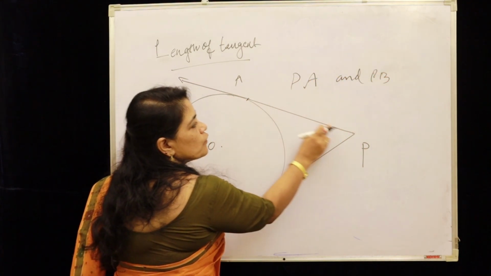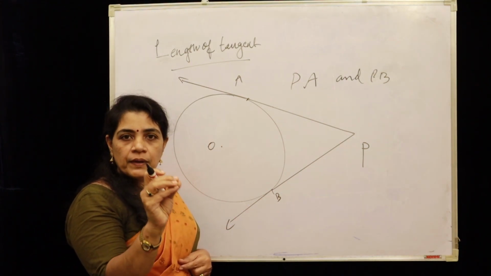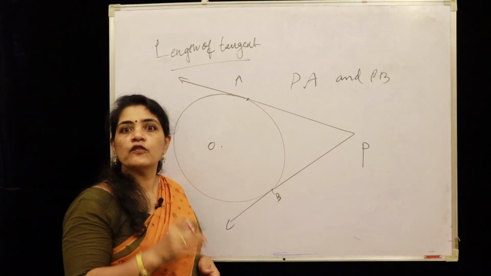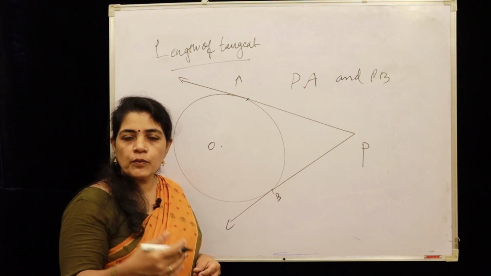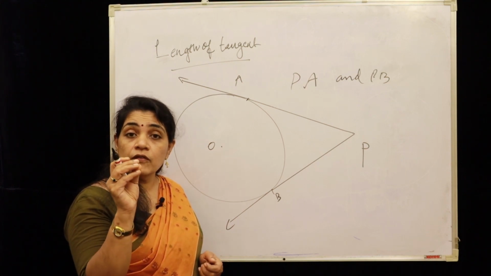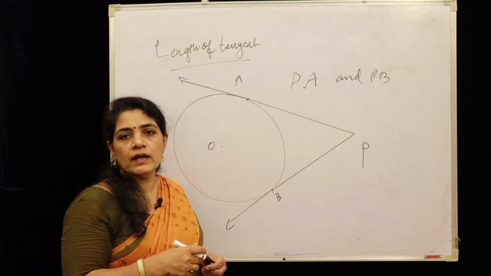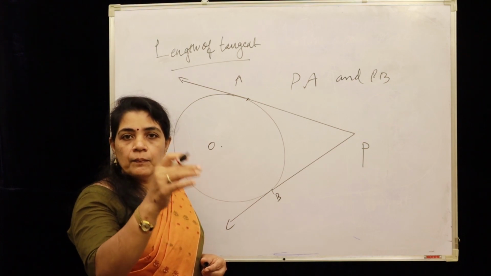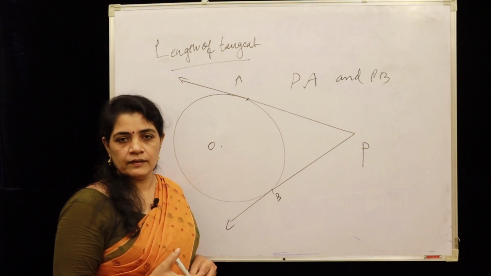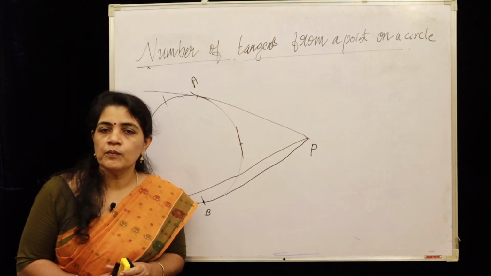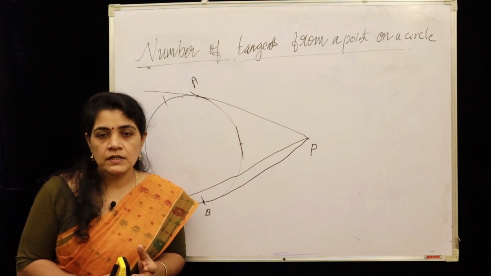This is the length of the line segment from the external point P to the point of contact. This is very important as we move to the next problems, and it should be very clearly known: the length of the tangent is the length of the line segment from the external point P to the point of contact.